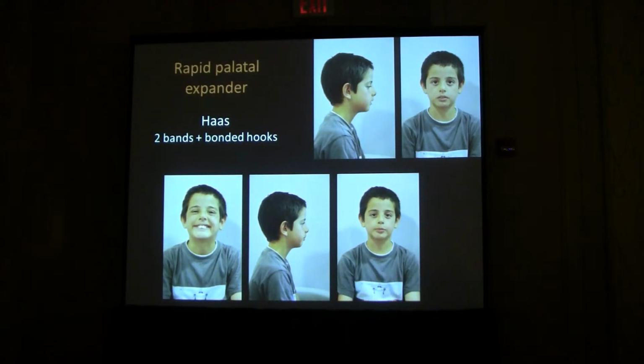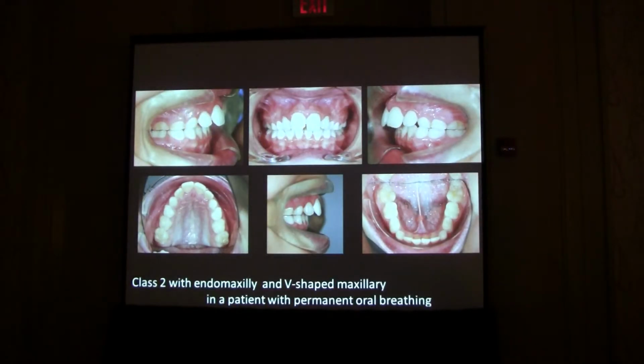Here is a 9-year-old boy with permanent oral breathing, significant snoring, sleep troubles, and postural problems. A full class 2 with endomaxillia and a V-shaped maxilla.